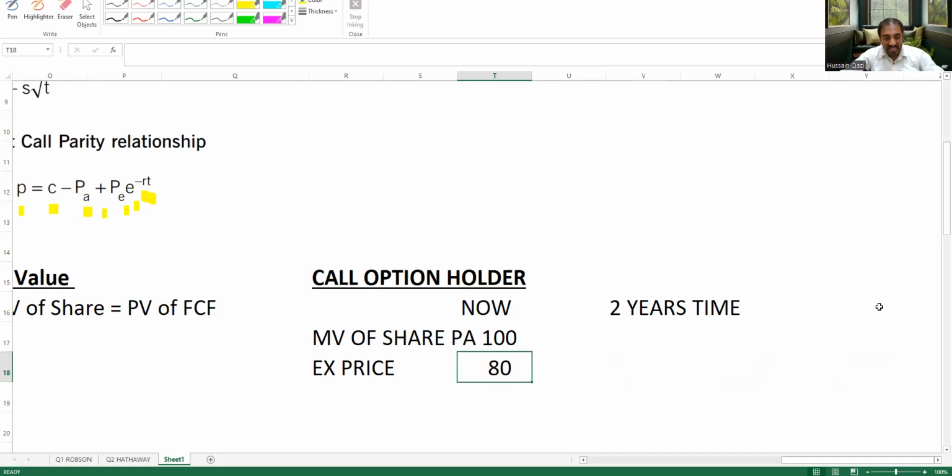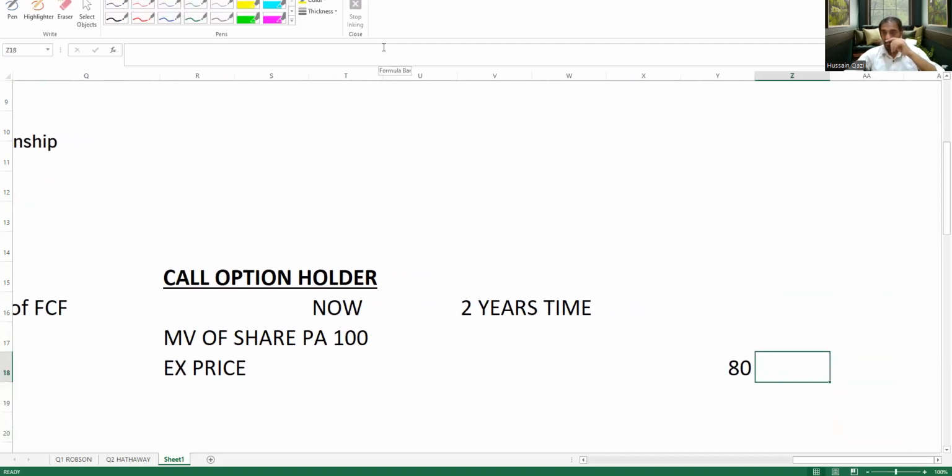So actually this 80, in practical terms, is about after 2 years. You will exercise, you will spend, you will invest, same meaning, 80 after 2 years.